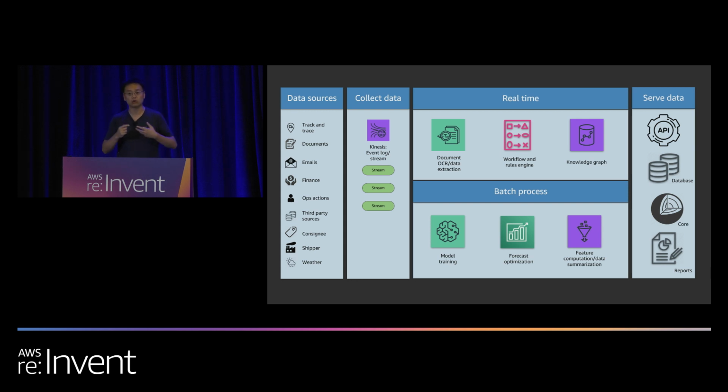So you will get all different kinds of information from multiple data sources. You cannot just rely on one and assume that data is correct. Data quality is a big problem in the logistics industry.